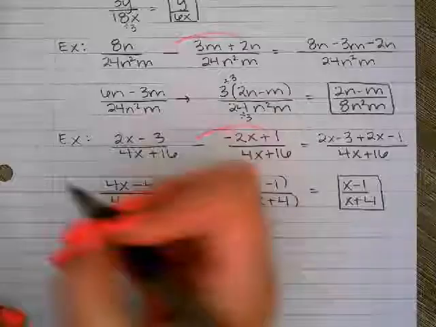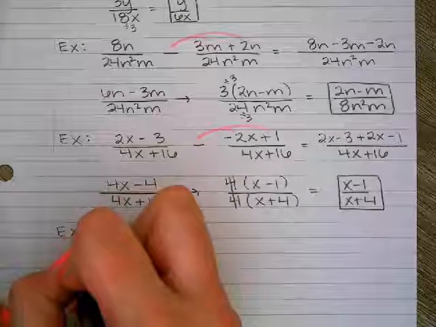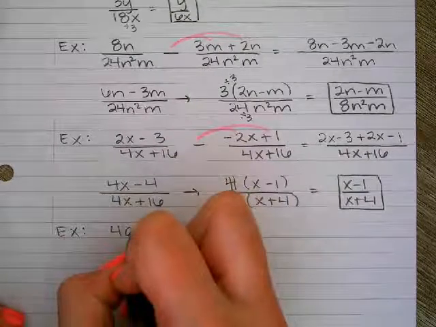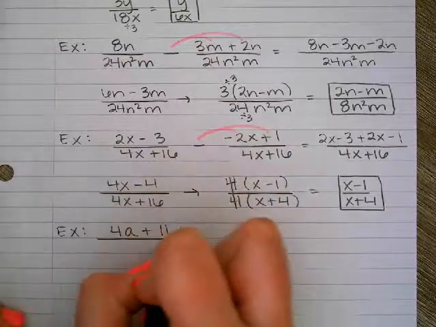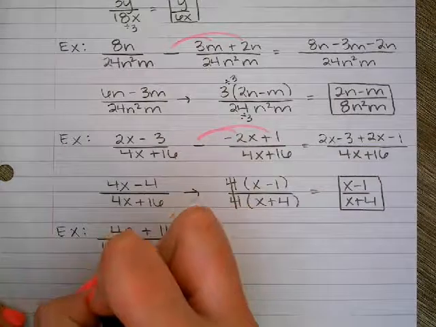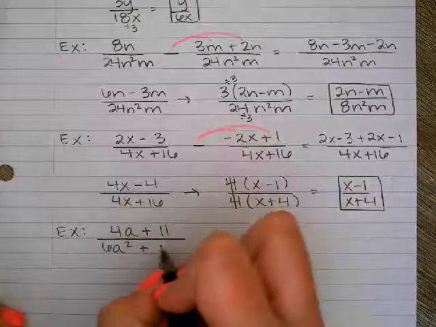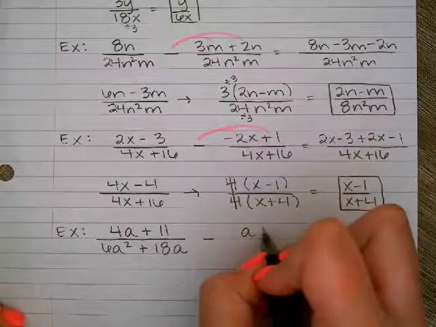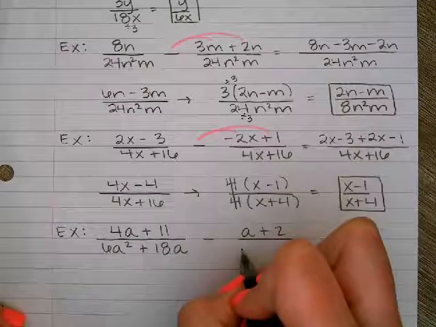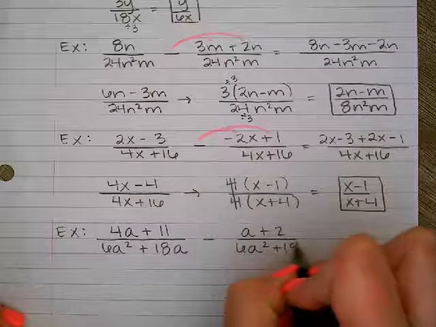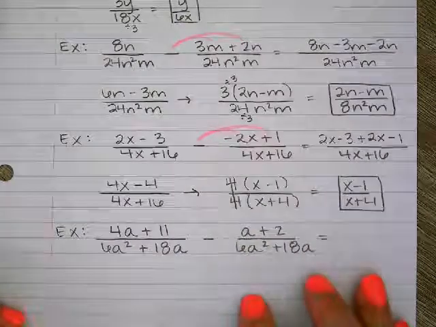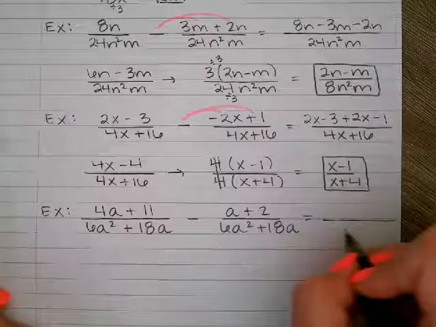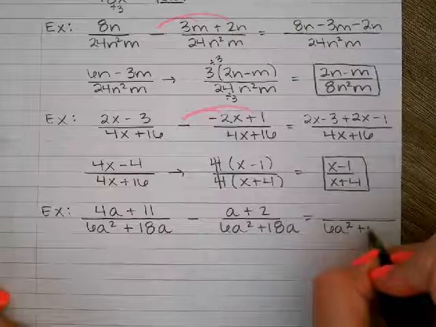All right, one last example problem for this video. (4a plus 11) over (6a squared plus 18a) minus (a plus 2) over 6a squared plus 18a. So we have that common denominator, 6a squared plus 18a.